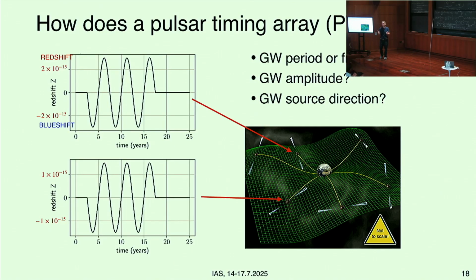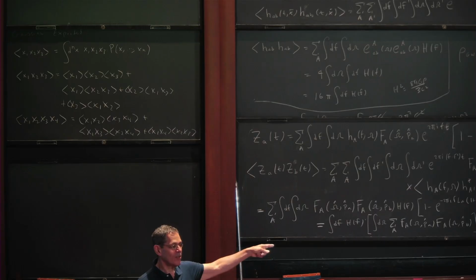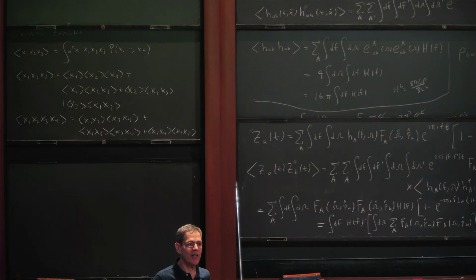And as I explained earlier, what pulsar timing arrays are trying to do is look, their null hypothesis is that there is no correlation between different pulsars. And their signal hypothesis is that there's a correlation described in this way. And so that's the signal analysis problem. I'll talk about that more in the next lecture.